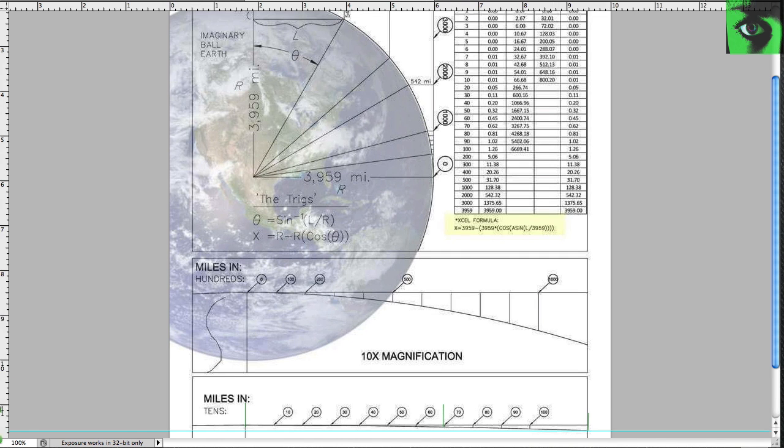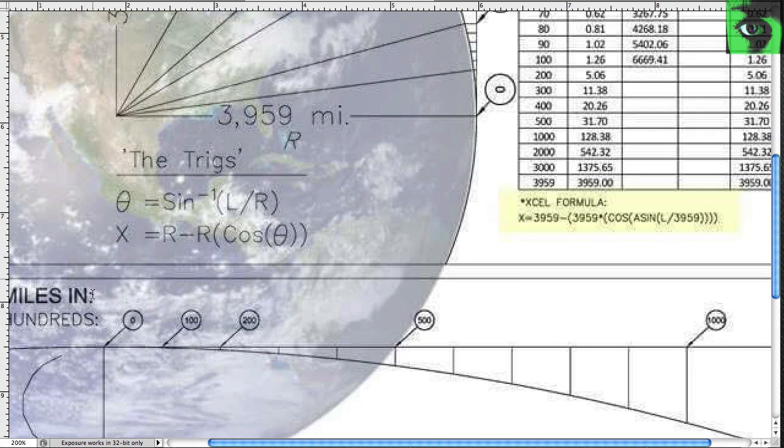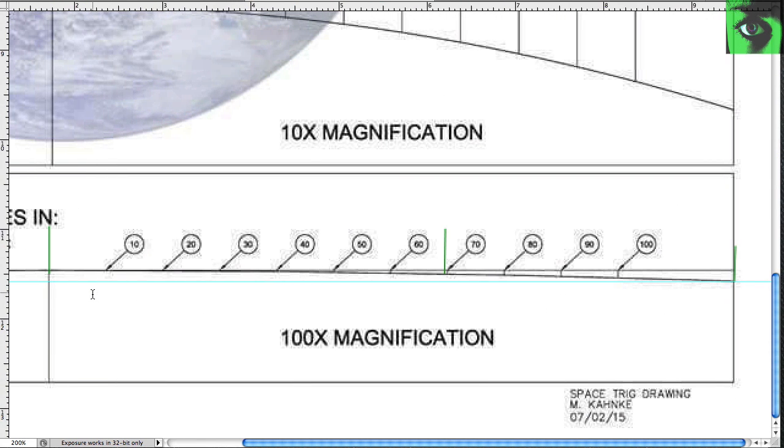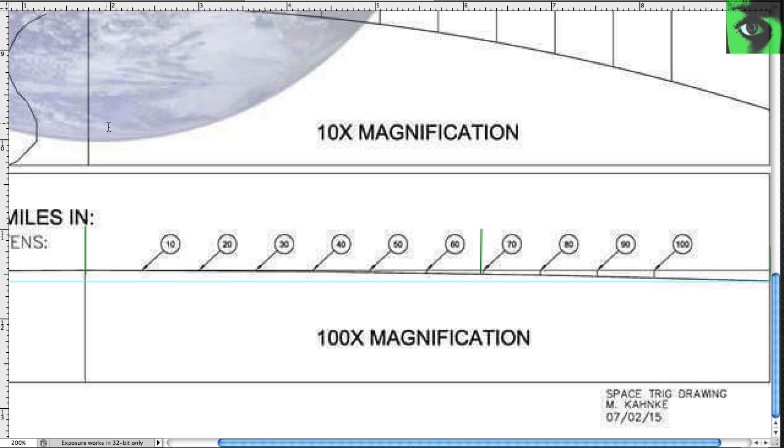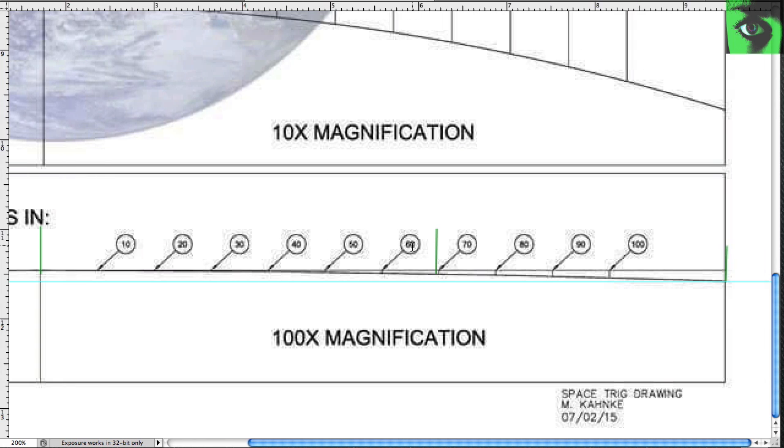Let me see how close I need to get. I want to get a lot closer than that. Here we see one at 10 times magnification of that above, and this is what the curve would look like over 120 miles. You'd see we'd have to be pretty far out to see this type of distance. Up close it would look different.